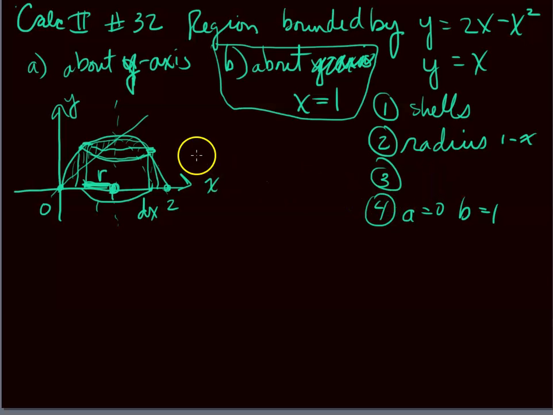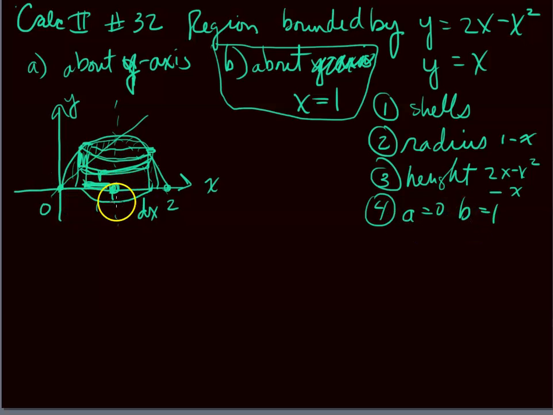The height is this height, which is always going to be as high as, I guess, how do you say that? It's really just this little one in here that we're looking at when we start stacking these up. So it's the parabola minus the line. The parabola, which is 2x minus x squared, minus x. And then this goes from 0 to 1.